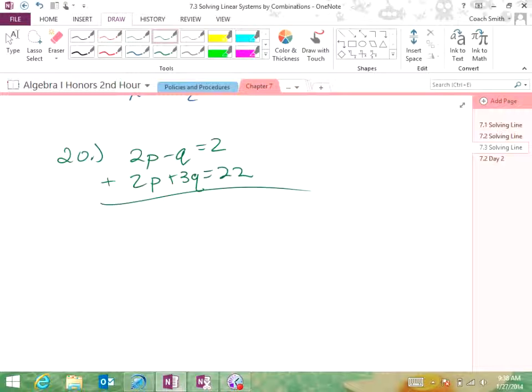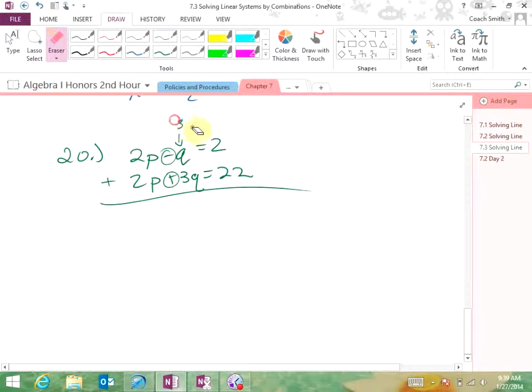Now, what Matt said is correct. I can multiply either one of them by -1. The other thing that you could do is I already have an opposite right there, correct? So I would need to have a 3 right there to get rid of it that way. So the other way that you could do this one is multiply the top one by 3, and that would get rid of one or the other as well.